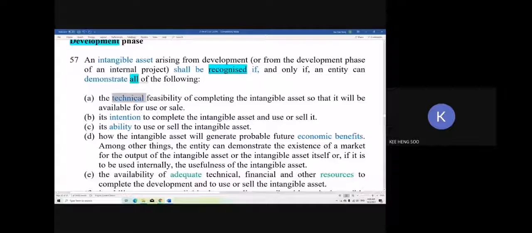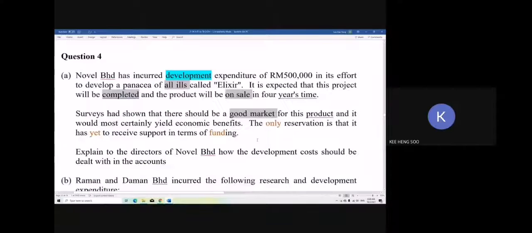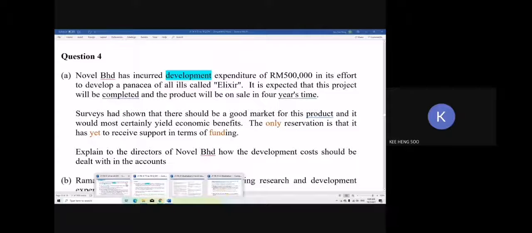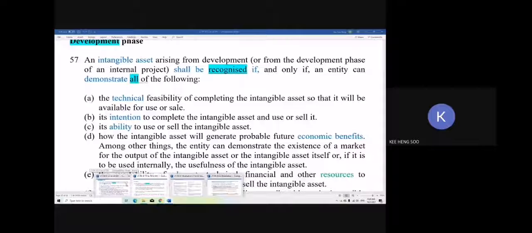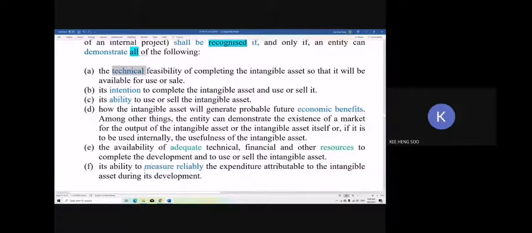And then D, you must have future economic benefit. So, certainly, you have economic benefit. You fulfill all. And don't forget, F is measure reliably.